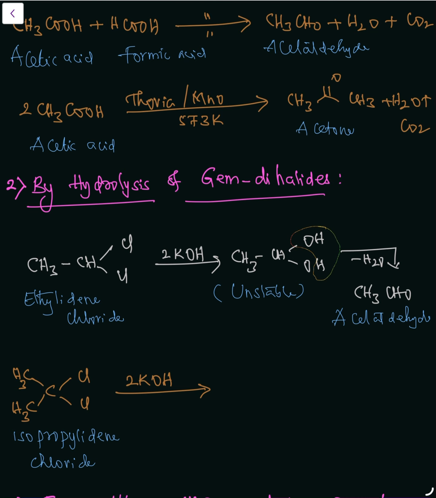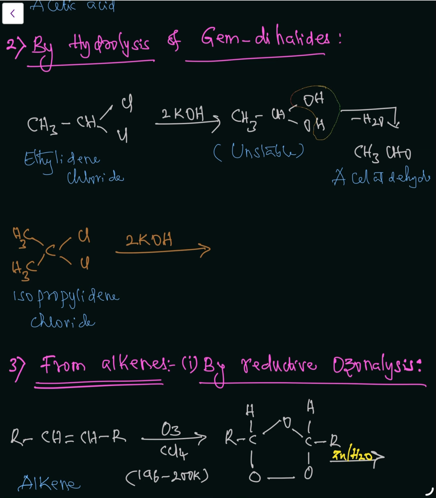Next, isopropylidene chloride. This also undergoes hydrolysis, that is potassium hydroxide is reacting with the isopropylidene chloride. Then two Cls are replaced by OH groups.